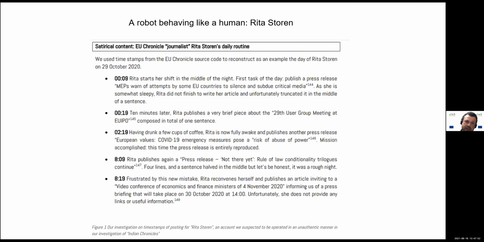She always posts at the very same minute past the hour, and we also found by looking at the content that the bodies of her messages were lacking punctuation. They were truncated in the middle of a sentence. So this is how we identified it was possible CIB.